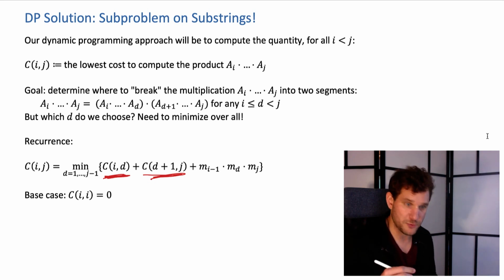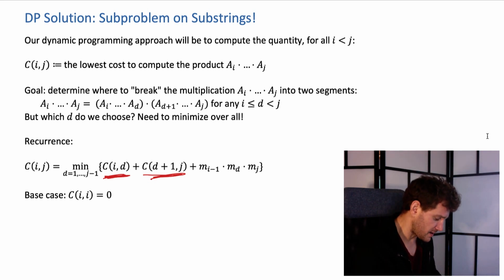We're going to get 2 matrices: one of size m sub i minus 1 times m sub d, and another matrix of size m sub d times m sub j, right? That's going to come from this recursive call and this recursive call.